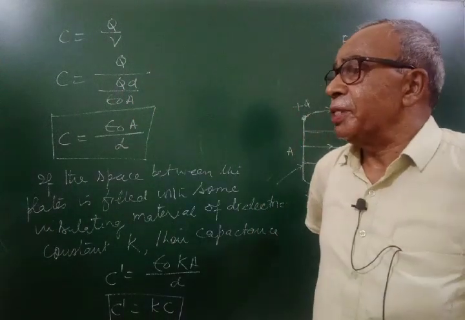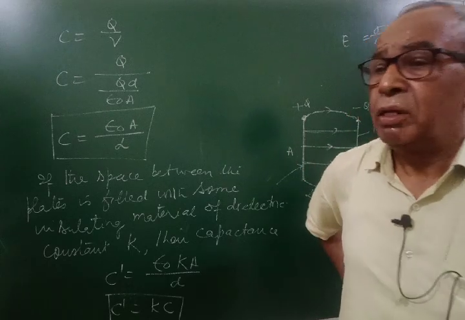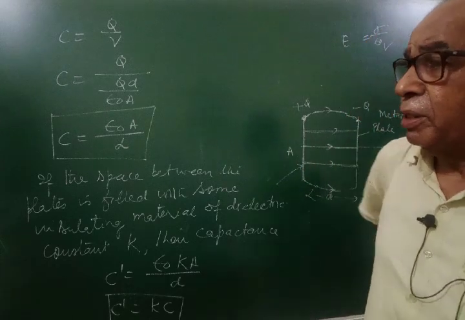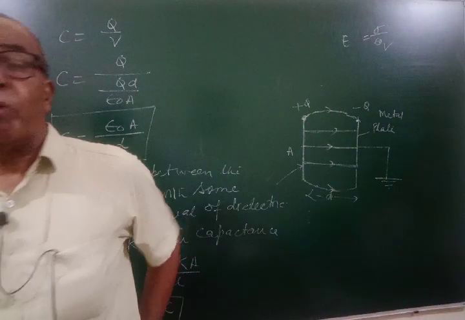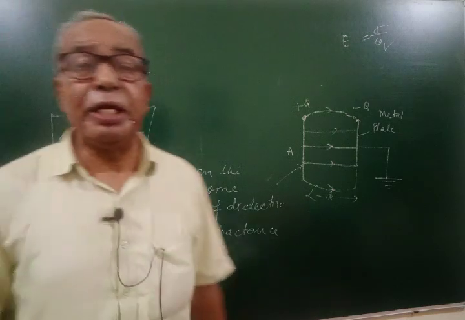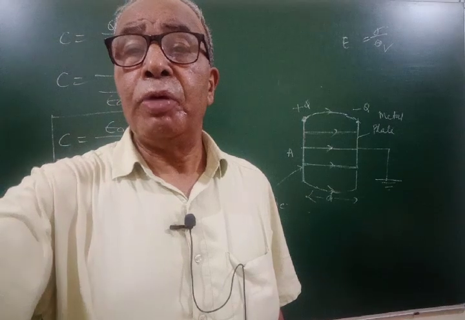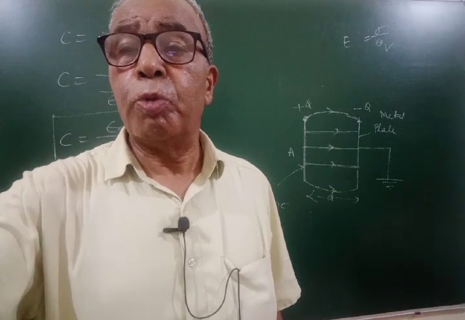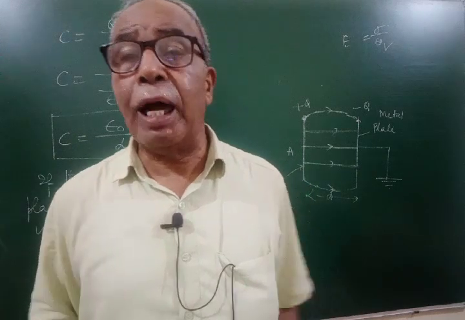I told you the unit of capacitance is farad, and farad is a very big unit, and I proved that to have a capacitor of 1 farad in the form of a spherical conductor, we need a radius of 9 to the power 9 meter, which is not possible. Then how to get a capacitor of large capacitance?